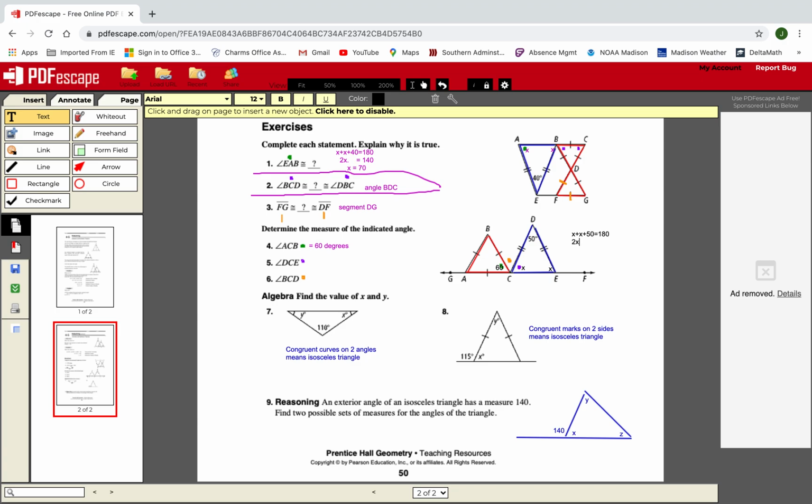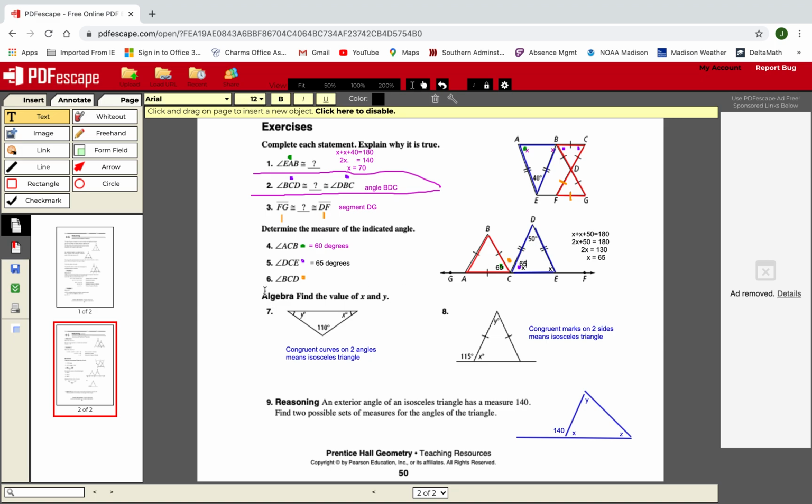So 2x plus 50 equals 180. Subtracting 50, I then have that 2x equals 130. And then dividing both sides by 2, I'll get that x equals 65. So I find out that these angles are 65 degrees. So angle DCE equals 65 degrees. And I'll go ahead and put that in place here also, 65 degrees.